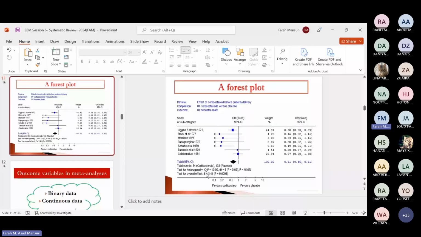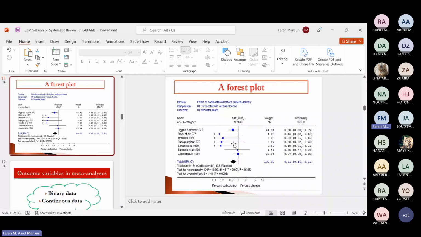So here is the shape of the forest plot. We call it forest plot because so many studies are clumped together. So much information is there, so it's like a forest, right? So that is why it is known as the forest plot.